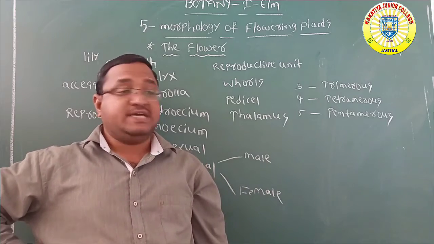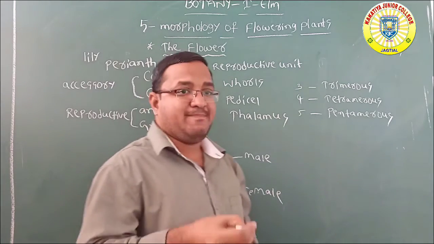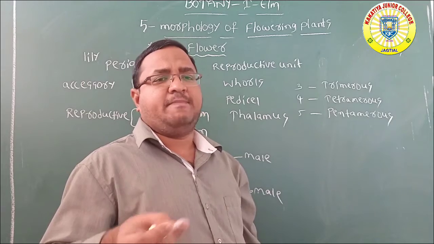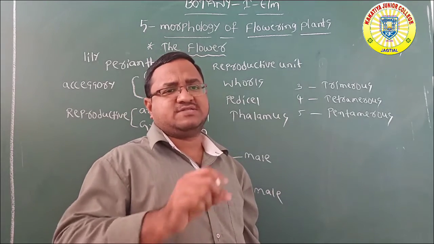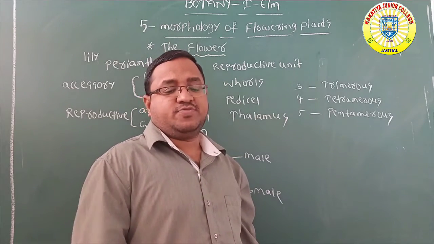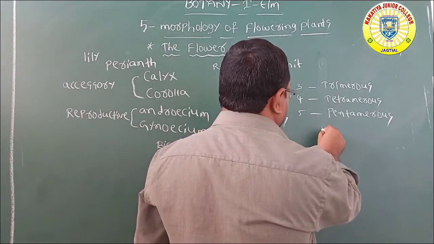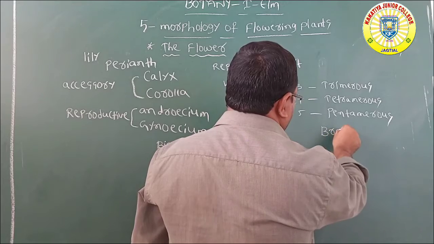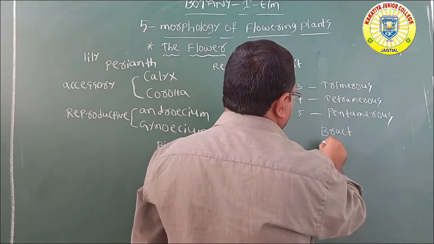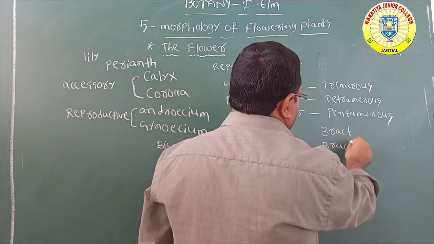Here you can see some flowers having a bract on the pedicel, on the stalk. The flowers which have a bract are called bracteate.